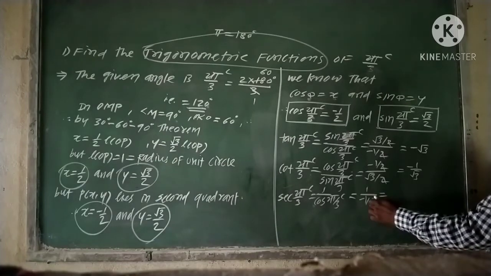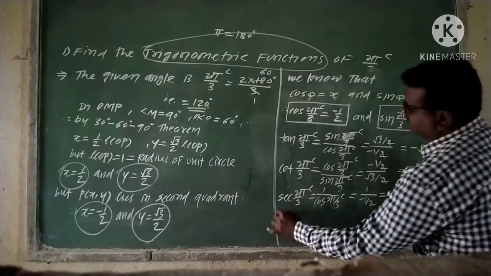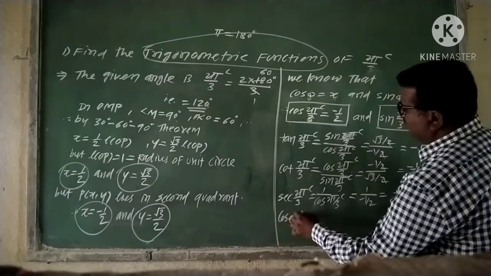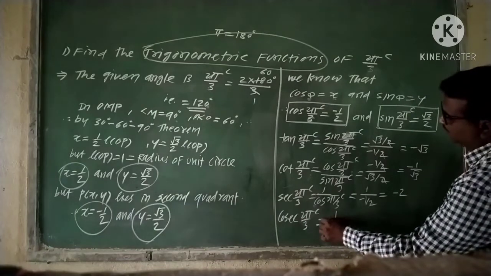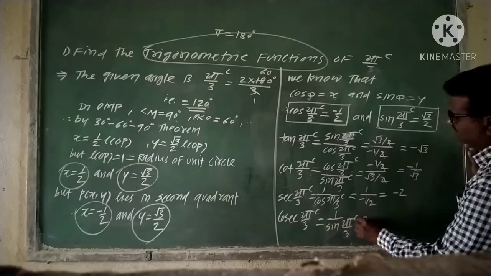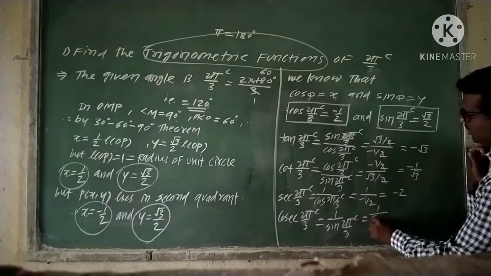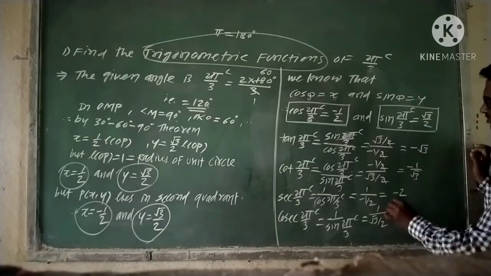So the 2 is in the denominator of the denominator, so it goes to the numerator, and this term is equal to minus 2. And last, cosec of 2 pi divided by 3 radian equal to 1 upon sine of 2 pi divided by 3 radian equal to 1 upon square root 3 divided by 2, equal to 2 divided by square root 3.